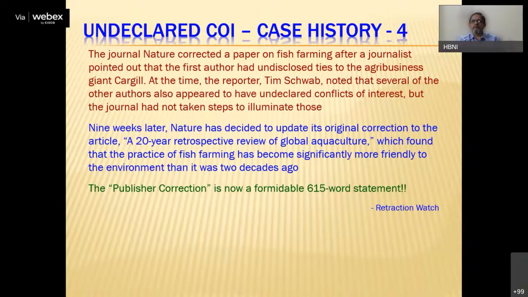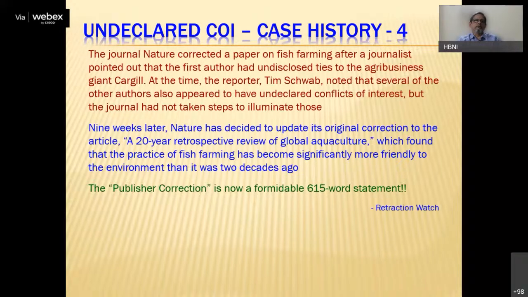So Cargill is a huge business house in the area of agriculture and things like life sciences. At the time, the reporter, whose name was Tim Schwab, noted that several of the other authors also appeared to have undeclared conflicts of interest, but the journal had not taken any steps to eliminate those.